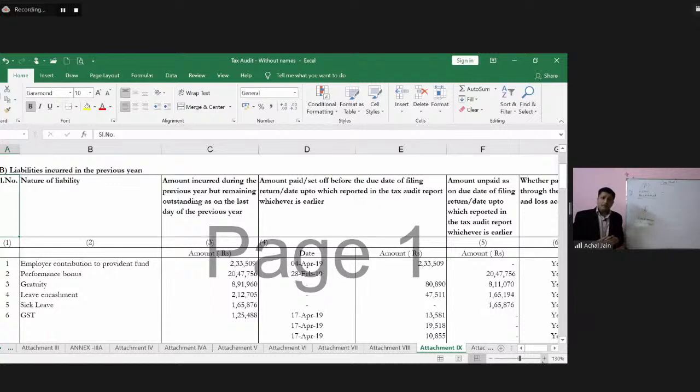Then in respect of expenditure which is incurred during the year, how will the auditor verify this? In respect of expenditure which is incurred during the previous year, this can be verified by the auditor by looking at the P&L. Because in the P&L, entire amount of expenditure will be coming, and the auditor will have to pick up only those line items, those expenses from the P&L which get captured under section 43B.